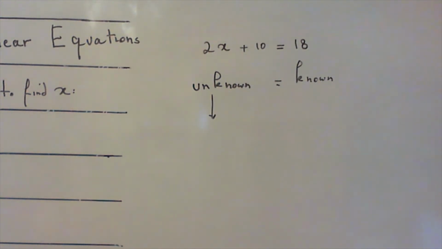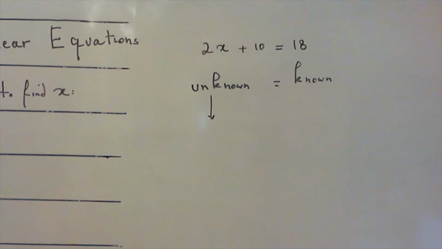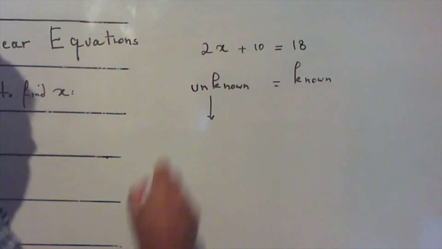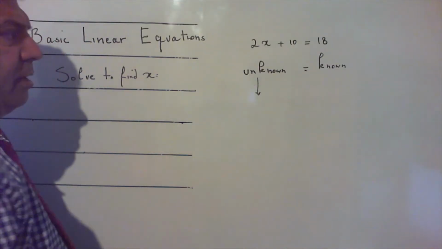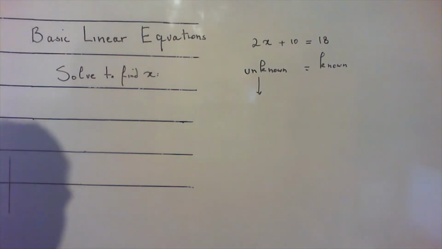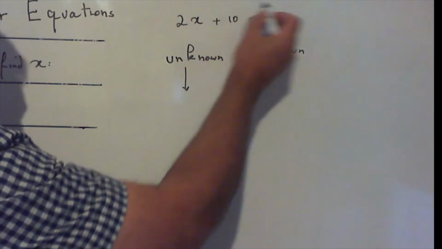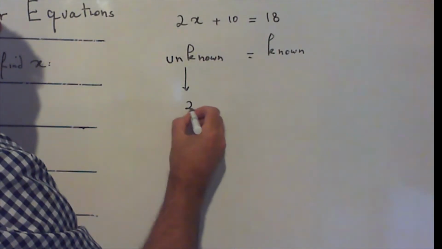One very basic rule in mathematics, whenever you're dealing with an equation, is that you can move any of these terms, each one of them is called a term, from one side to another side. And all you have to do really is change the sign. So if I take this number to the other side, I can write 2x equals 18.